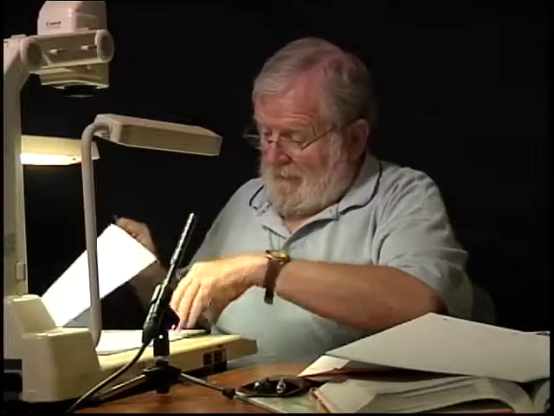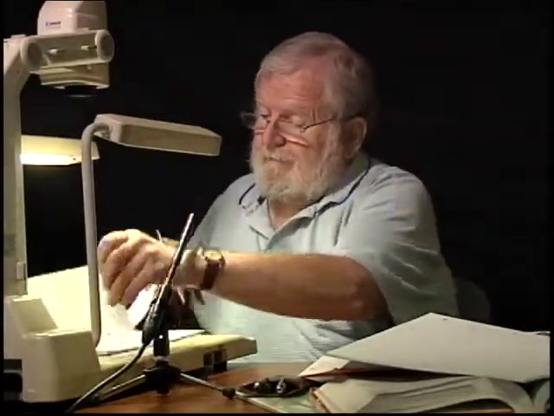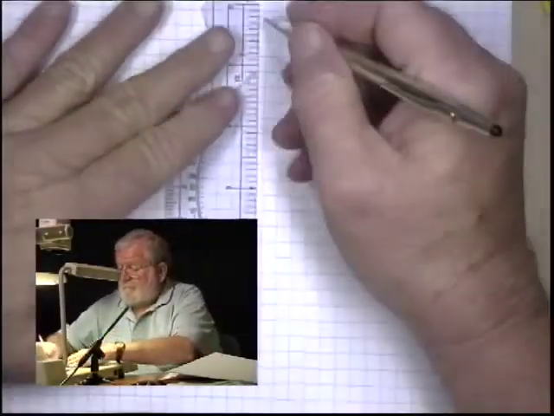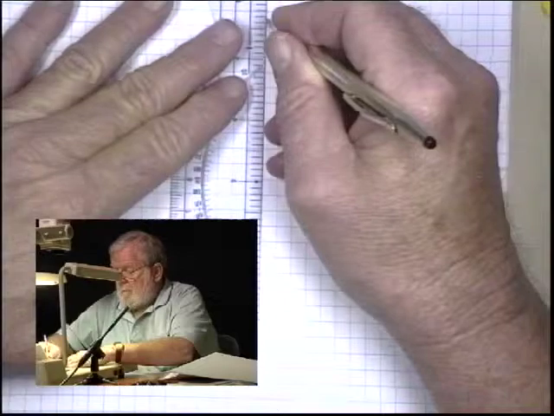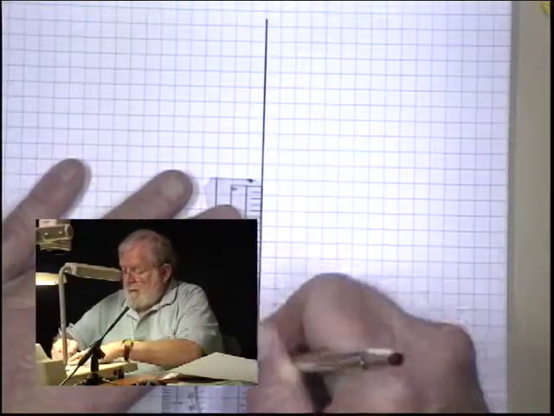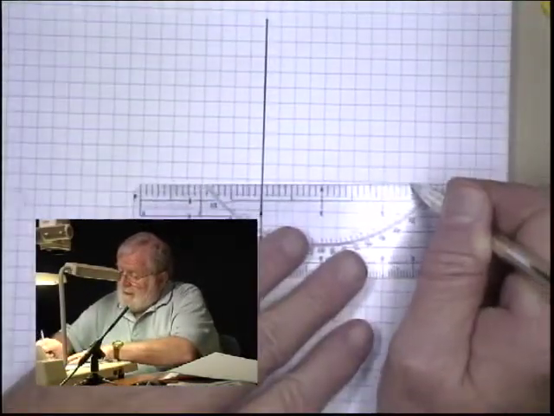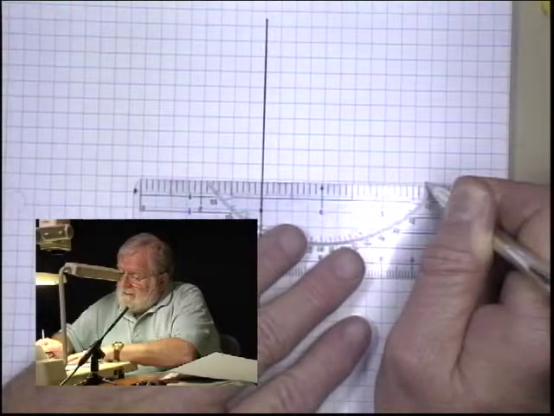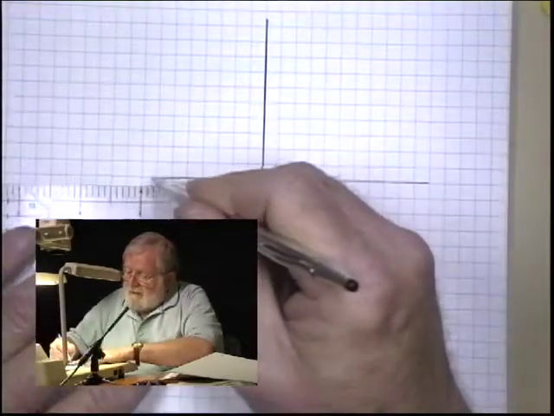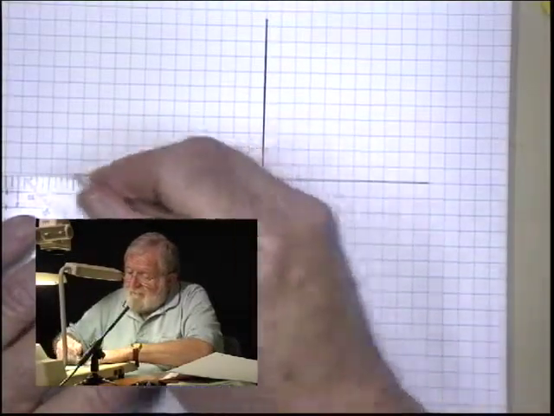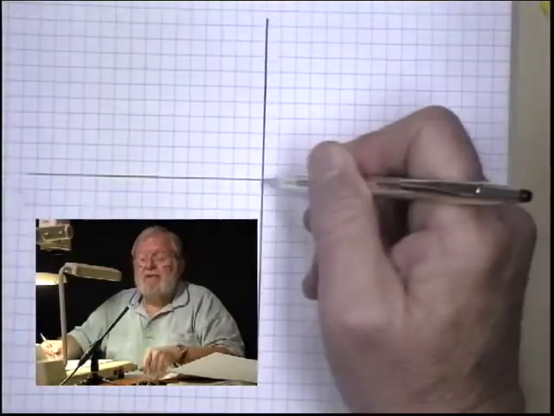Find some graph paper here. So we'll draw our coordinate system. And I'll mark every little grid here equal to half a unit.